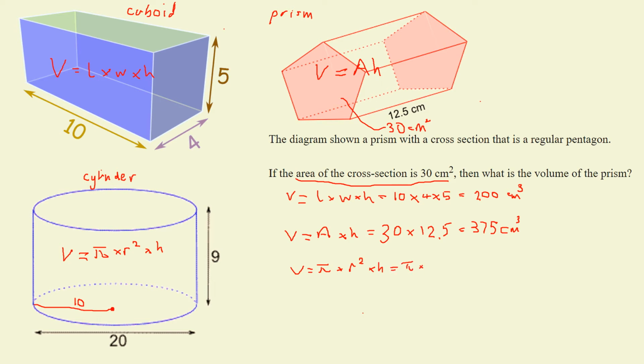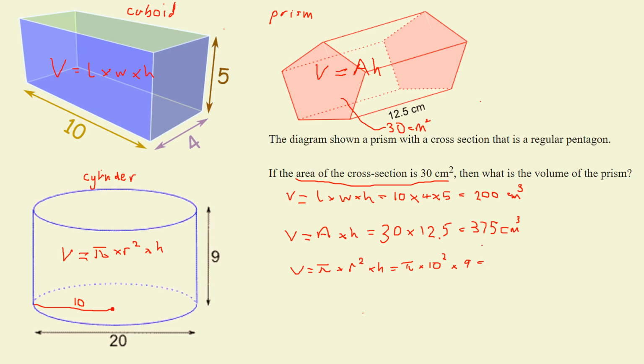So if you're doing this with me, you might see how you get on. Pi times the radius squared, which is 10 squared, times the height, which is 9. So if I just click that one in, we'll see what we get. Pi times 10 squared times 9.